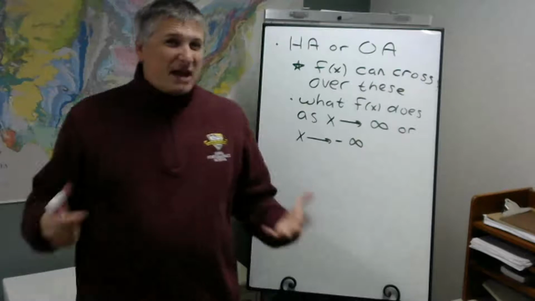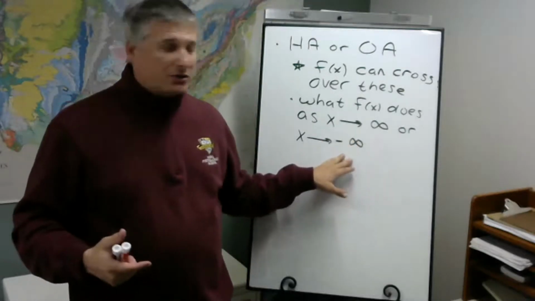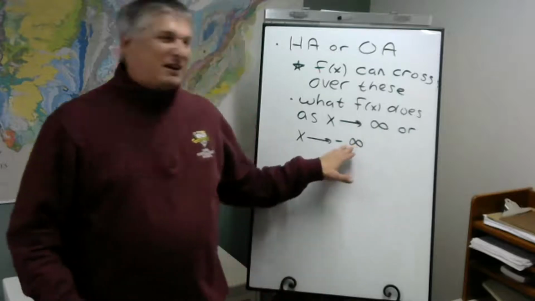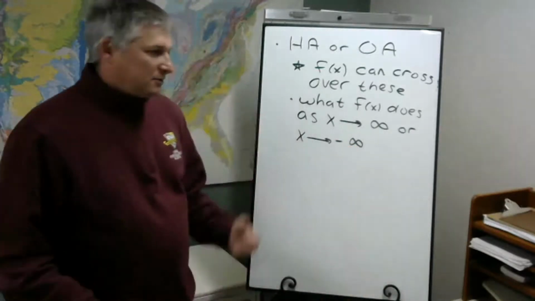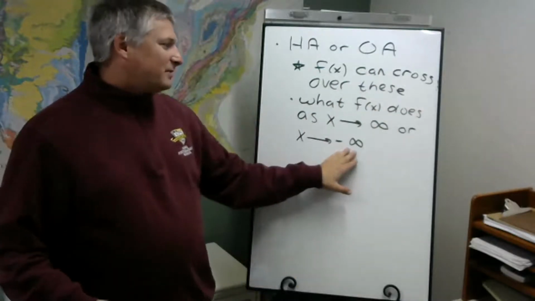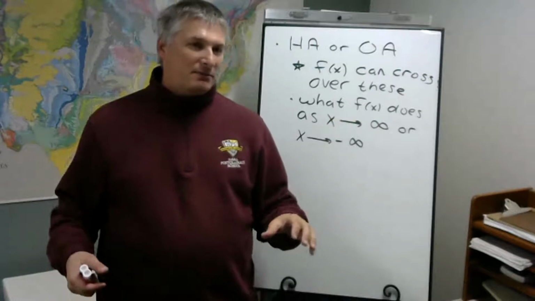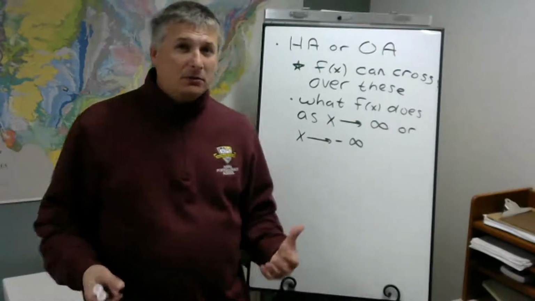As x gets massively big in the positive direction or in the negative direction. And again, technically we consider negative numbers very small in terms of how we order things. But the more negative x becomes, the more positive x becomes, what does f of x do? What is it going to do?